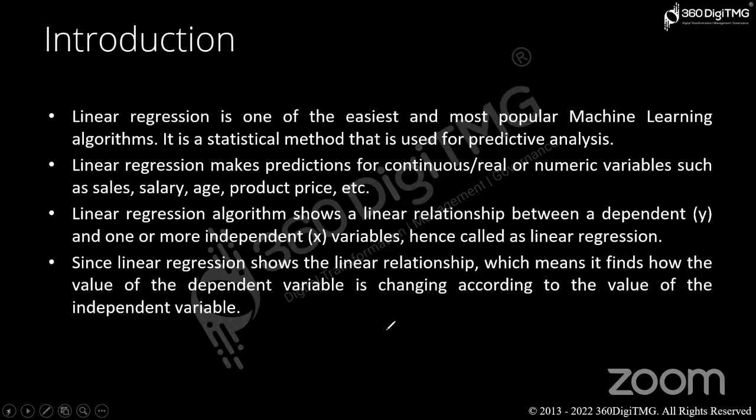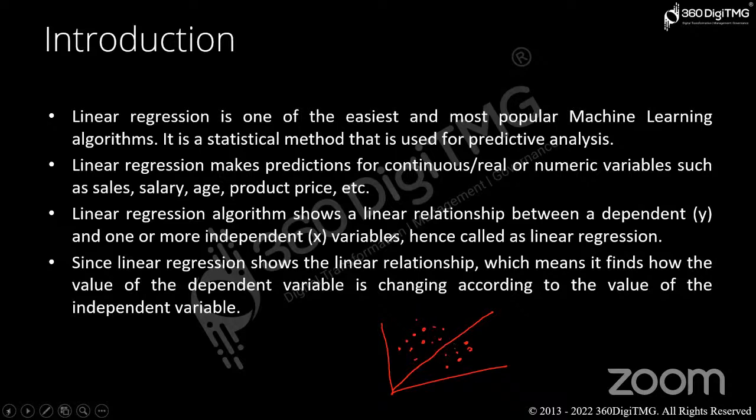Suppose these are the data points, and this is the linear regression type. The linear regression model provides a sloped straight line representing the relationship between the variables.